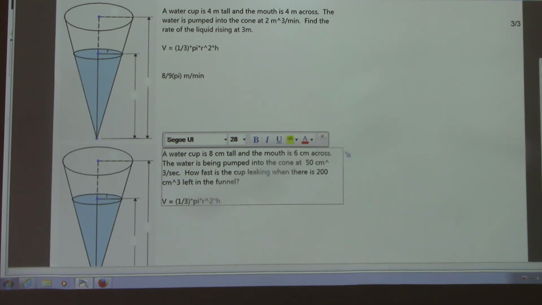How fast is the water rising at 4 centimeters?